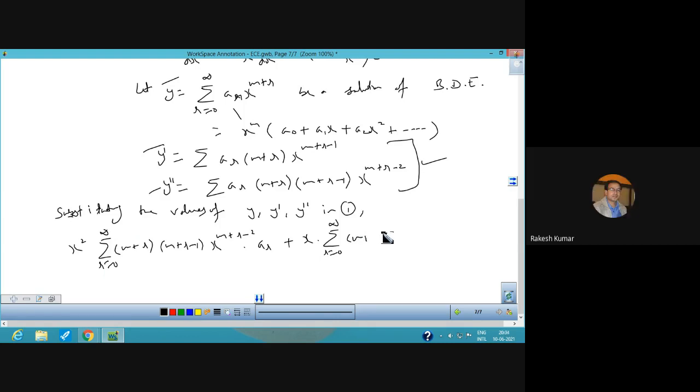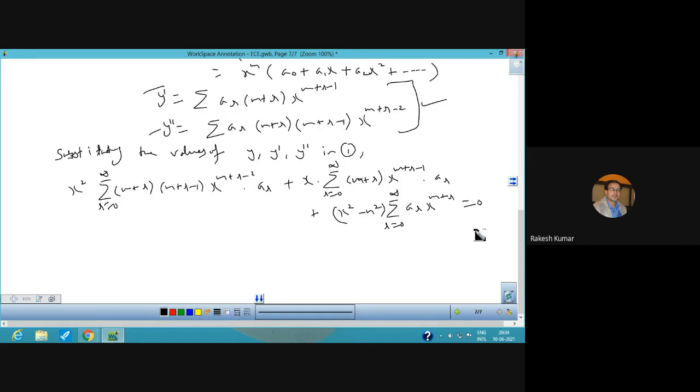This is the value of a single derivative. So m plus r x raised to power m plus r minus 1 into a r, plus the last term is x square minus n square into y, and y is a r x raised to power m plus r, is equal to 0. Now the values have been substituted over here, and name it as equation number 2.